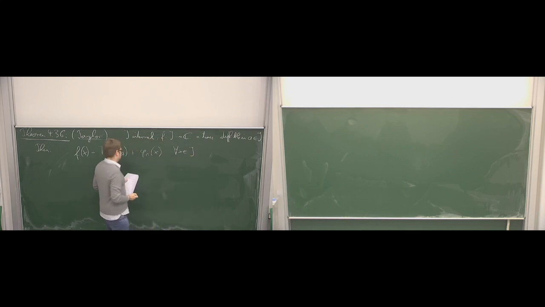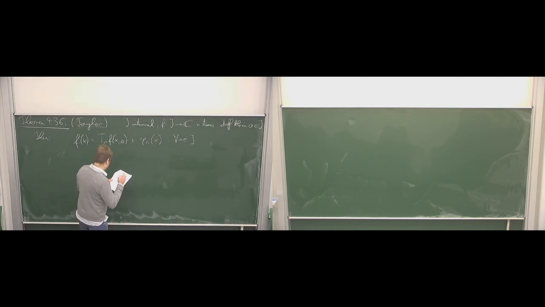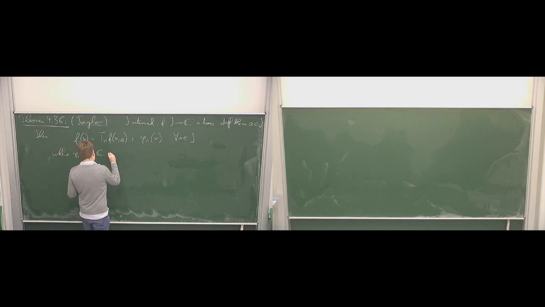So far there's nothing interesting because we can just define phi n as the difference of these two functions, so this is totally non-interesting, but the crucial part comes now, where this function phi n, the difference of f and its nth Taylor polynomial, satisfies a nice equation.